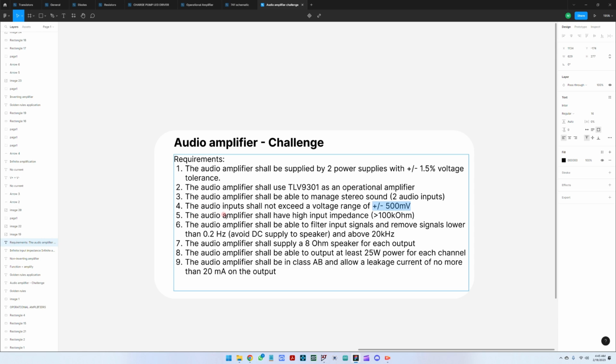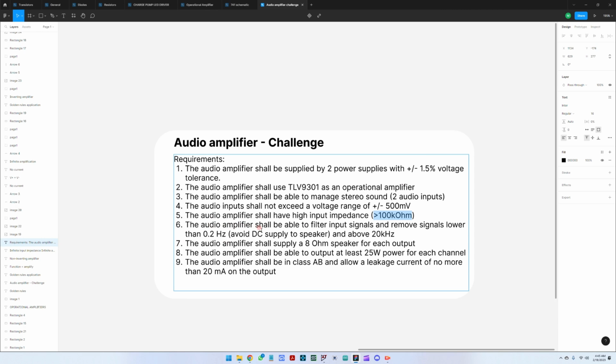The audio amplifier shall have high input impedance, so it will not disrupt the circuit providing the signal, such as a phone or signal device, and this high impedance can be the impedance of the operational amplifier.